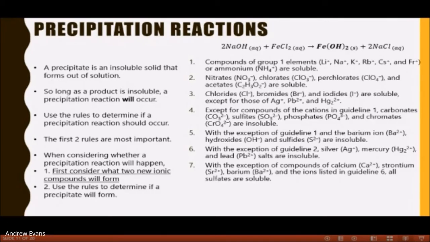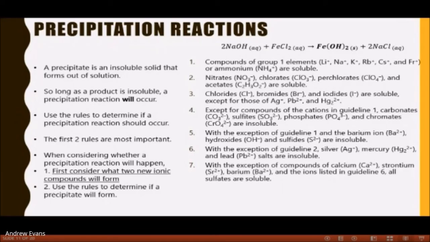Now, we're talking about electrolytes and things that dissolve. What makes a metal and a non-metal not dissolve? What makes a solid form when I mix two aqueous solutions? And this is the basis of precipitation reactions.